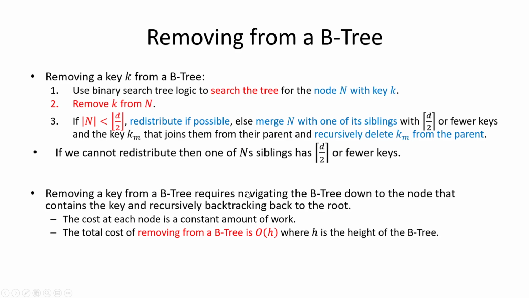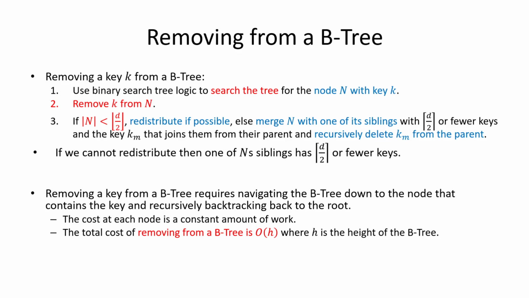Okay, so I do want to complete this video, which is a little bit longer video, with just a discussion of removing from the B tree. Removing from a B tree is fairly straightforward because it's kind of the opposite of adding. The operations are logically kind of just the opposite operations, with one sort of asymmetry which comes in with the notion of redistribution.